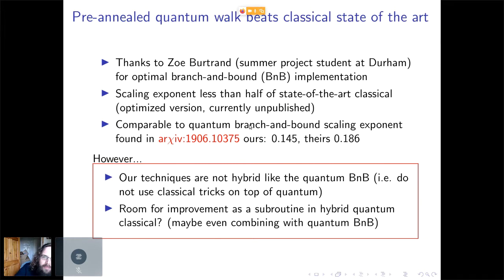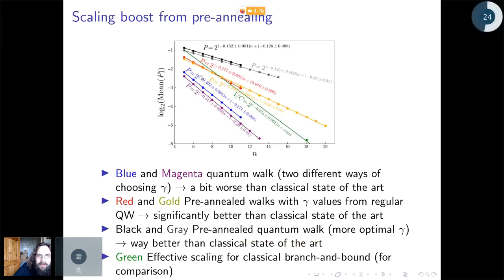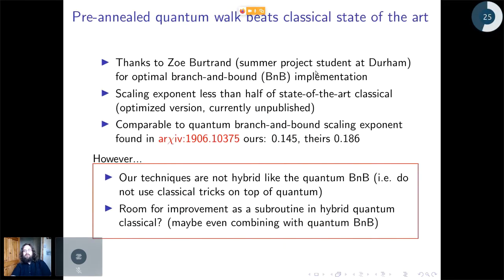And the one other point is this paper here, where people have done a quantum version of this branch and bound algorithm. And here our best scaling, when we really choose the best parameters, is actually pretty comparable with theirs. Ours is 0.145, theirs is 0.186. I call that comparable rather than saying ours is better because there are some error bars on there.